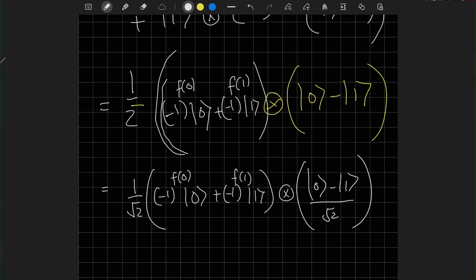Got it? Second qubit, first qubit, separable, everything is separable.